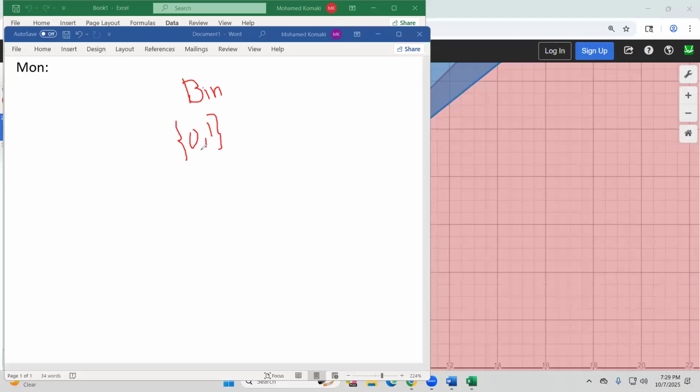Binary is used, for example, for picking a project or not picking a project. So x equal to 1 means we are working on the project, x equal to 0 means we are not picking it. So this is very useful to model constraints.